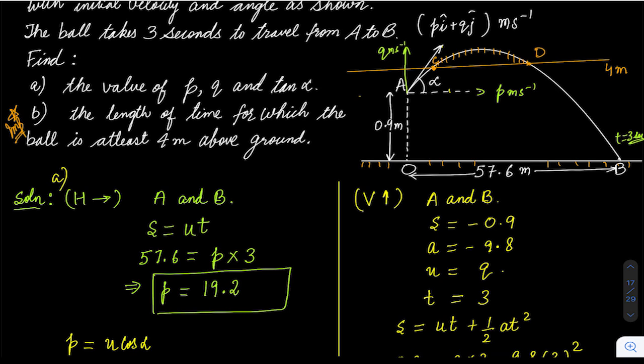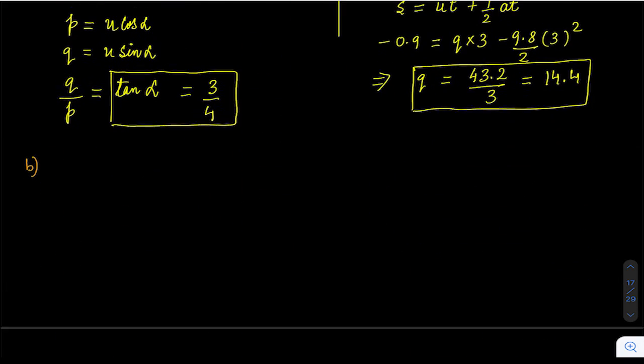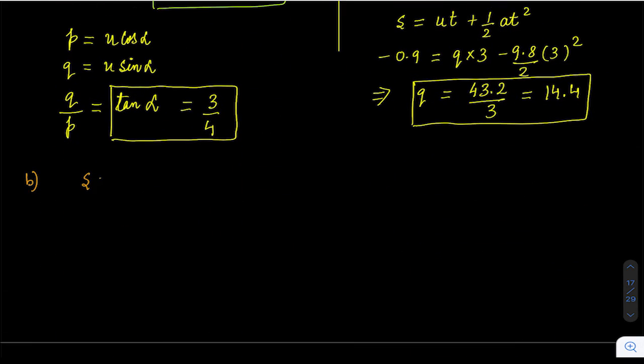So with respect to point A, what is your y displacement? Your y displacement is only 3.1 meters, not 4. This is the most important thing, so just remember this. So my displacement is 3.1.